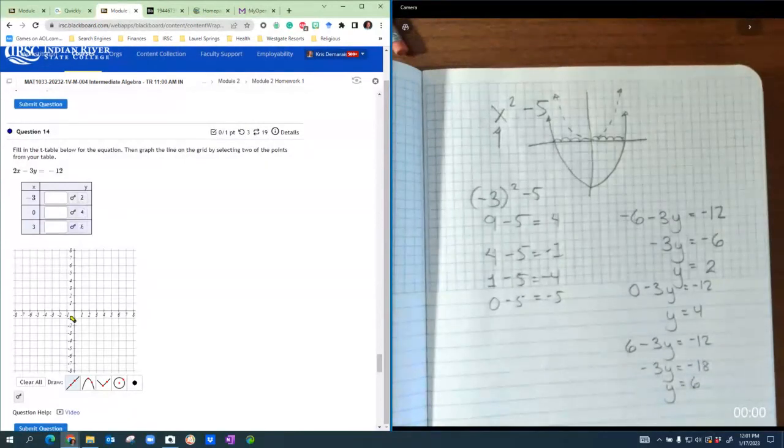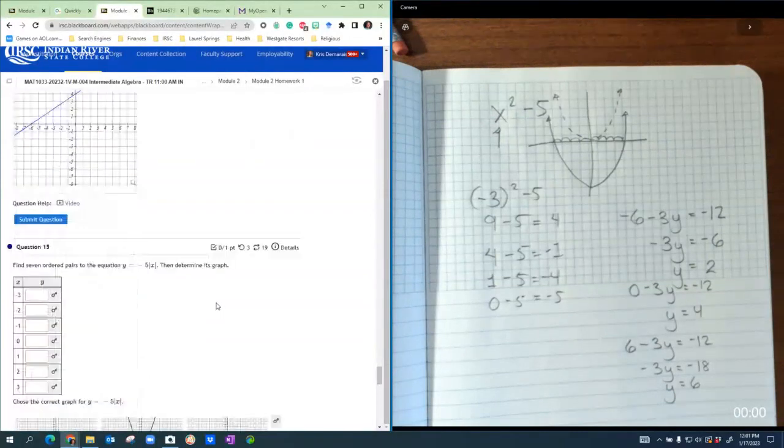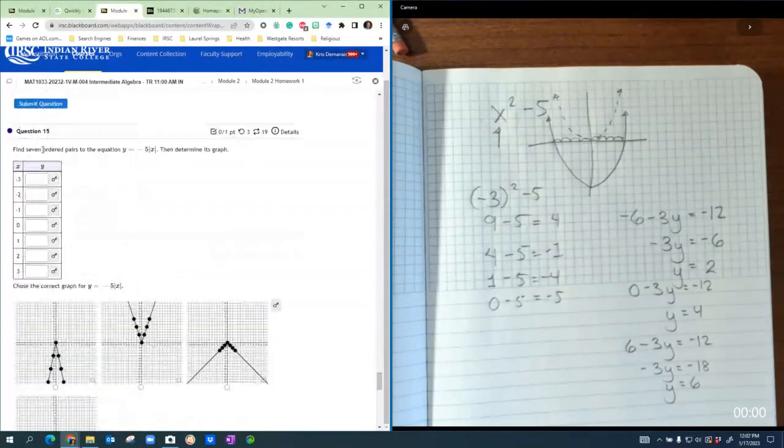So 2, 4, 6. So graphing that, we would go 0, 4 right here, and then go to 3, 1, 2, 3, and then go up 6 right here. All right, and there we have our graph. So we have our answer for that one, 15.